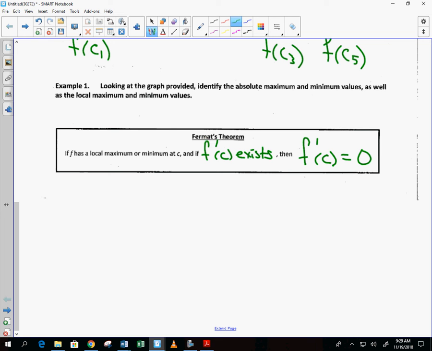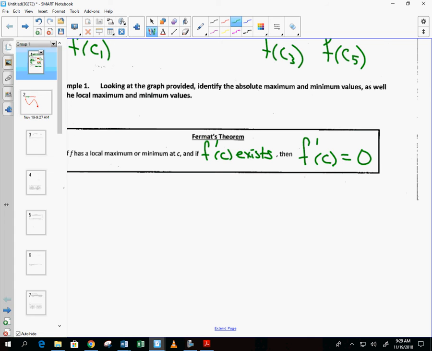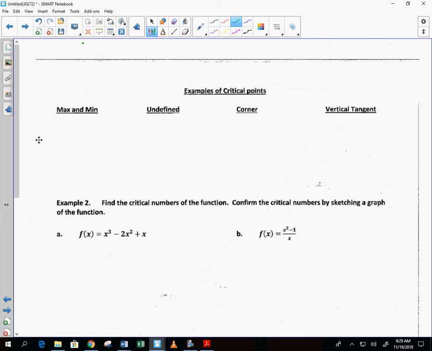So what that tells us is that local maximums and minimums generally always exist where f prime of c is equal to 0. Just got to make sure you can take the derivative at that spot. Okay? So let's talk about some critical numbers. Examples of critical points.